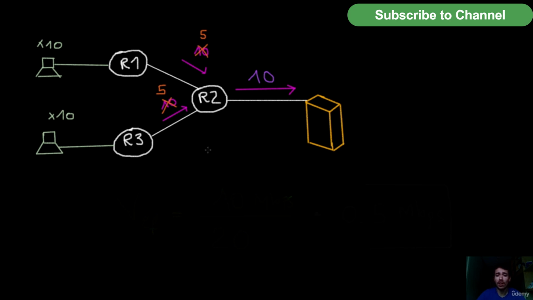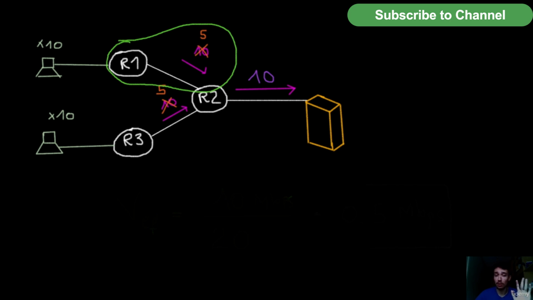Now, what is going to be the buffer occupation of these three routers? First of all, what about router 1? Let's consider this first router and the sending of the data on it. Keep in mind that in router 1, together with router 3 that we are going to see, on average 5 megabits per second come out.